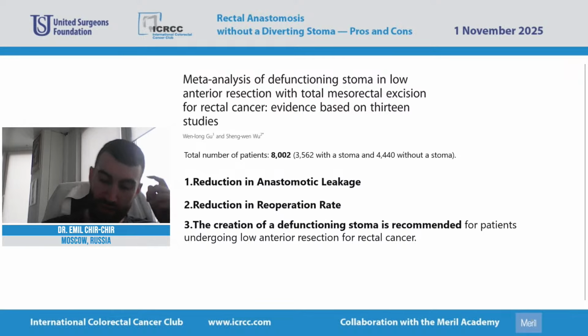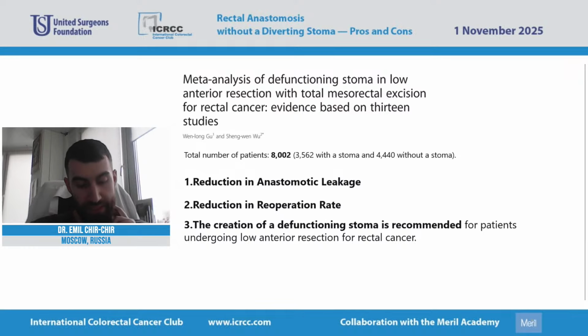A stoma more than halves the rate of this complication. A protective stoma also significantly reduces the number of reoperations related to anastomotic leakage. The number of reoperations in the group of patients with stoma is almost 3 times lower.